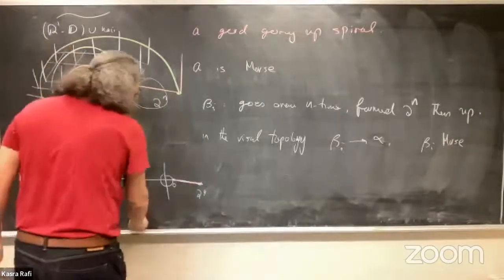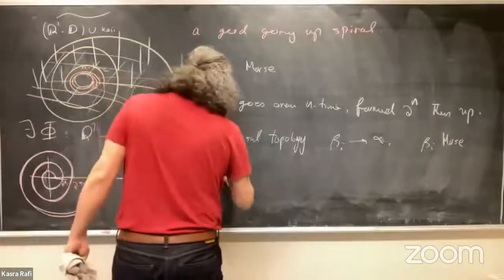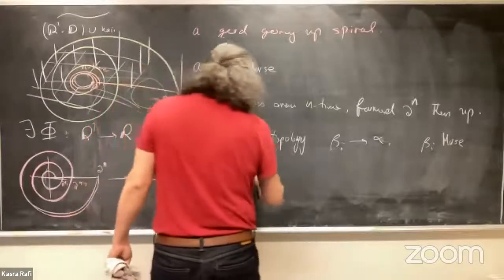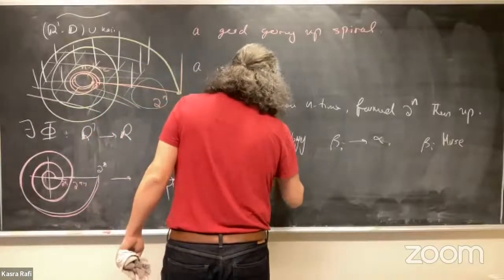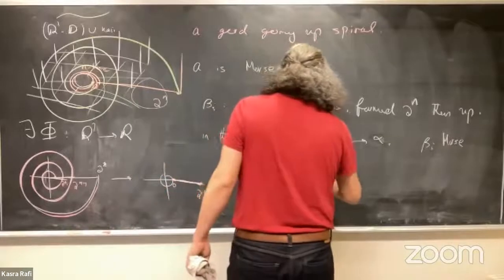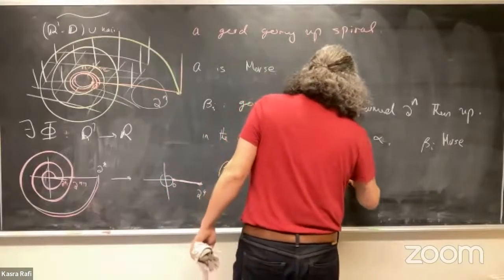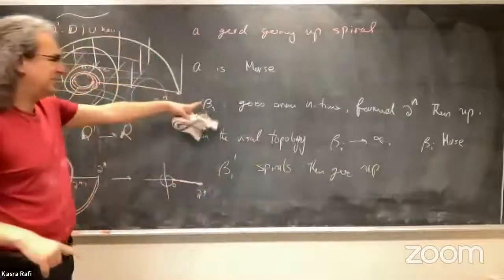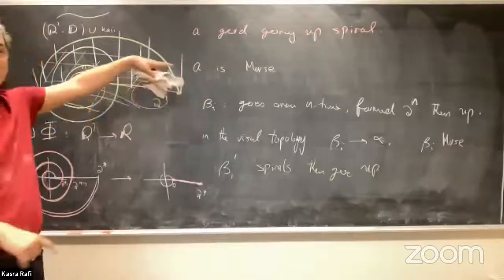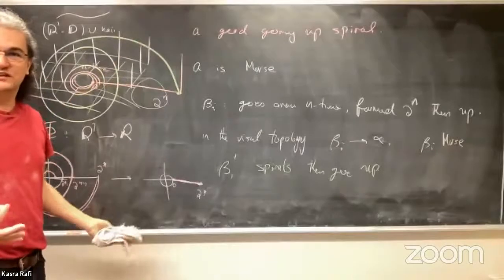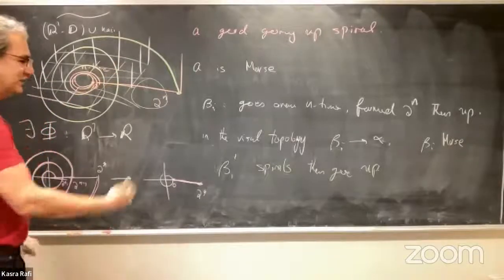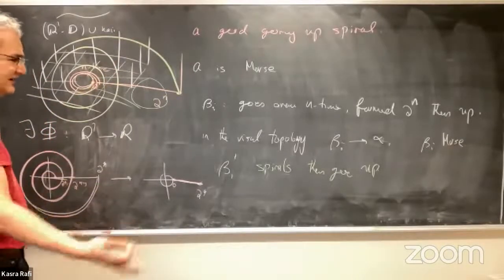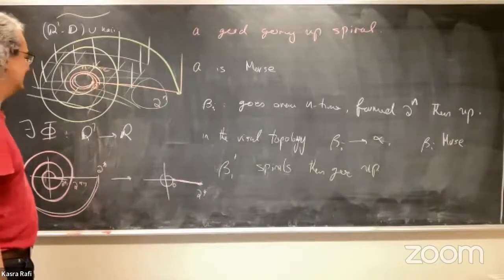So I can look at the beta i prime, which spirals, then goes up. So the beta i prime and beta i should be in the same class because the ends of them are the same. They're the same way of going to infinity, right? They represent the same point in a boundary for any reasonable notion of the boundary.